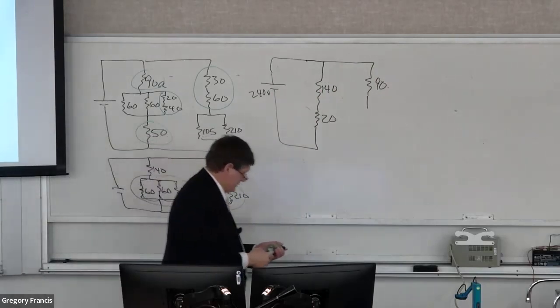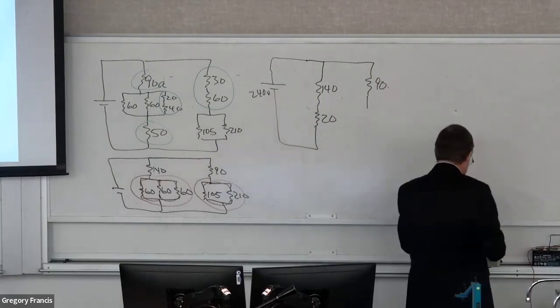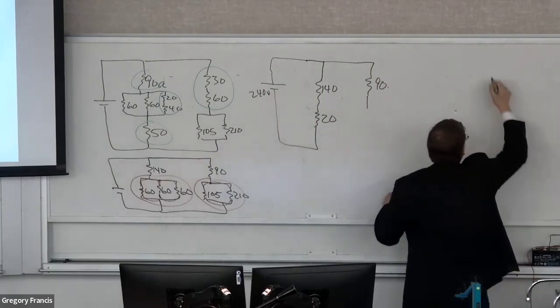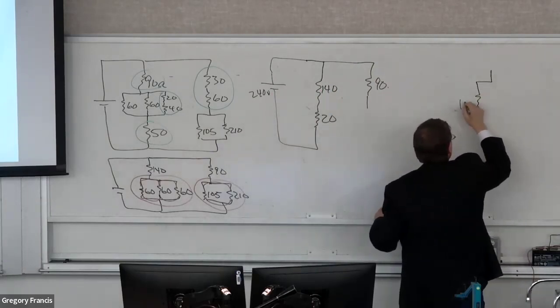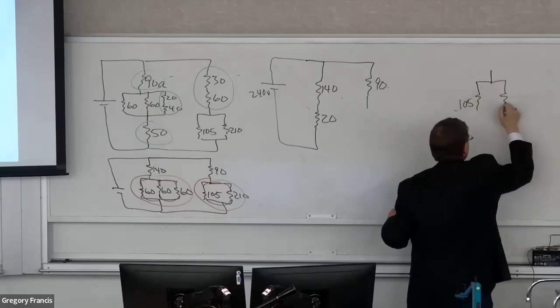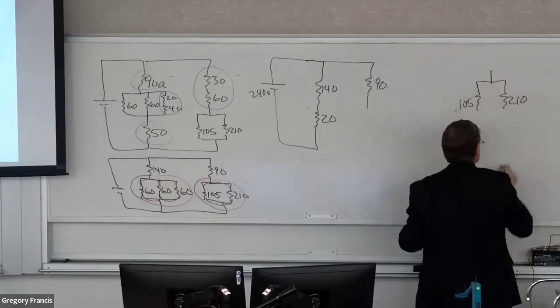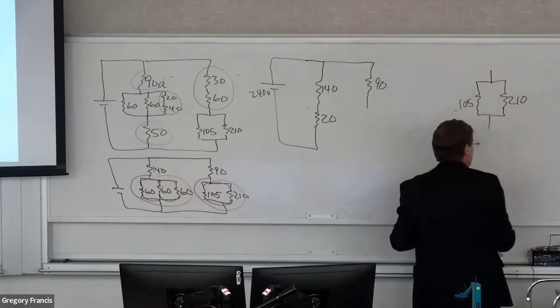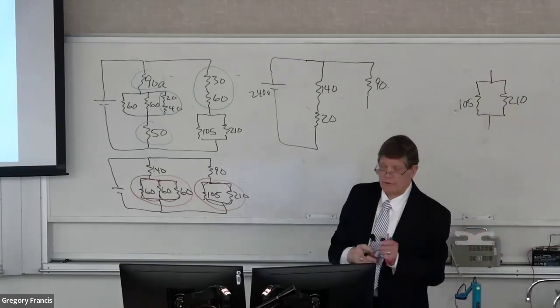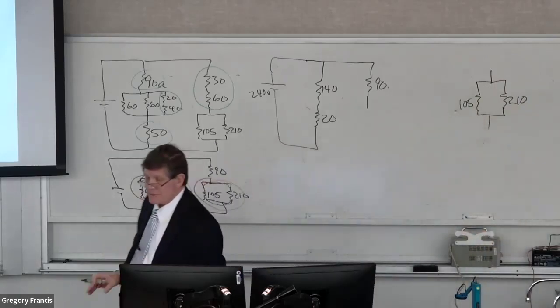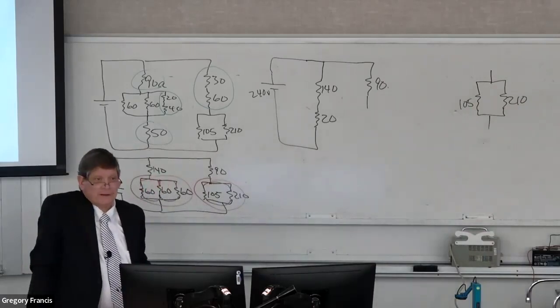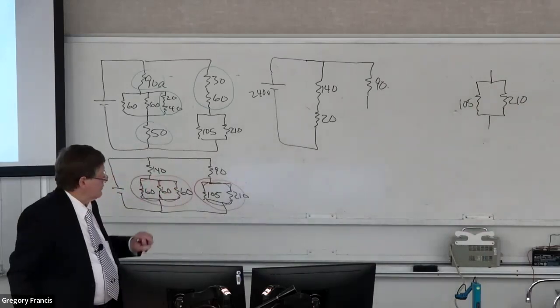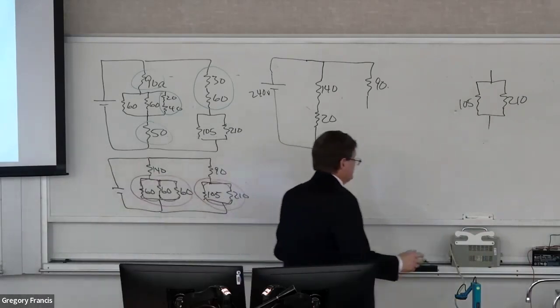How do I deal with that? Well, I look for the common denominator between those. And the common denominator between those is 210. I can make all of those out of 210s.